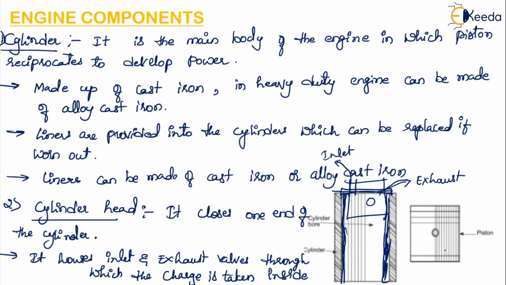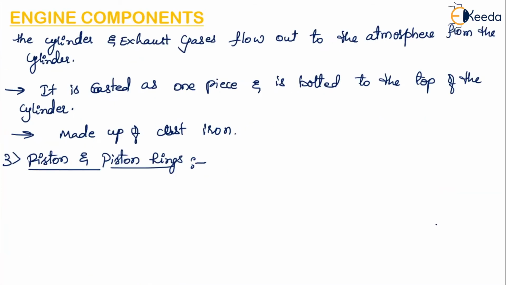So what does this piston do? It reciprocates inside the cylinder and during the compression stroke it will compress the charge. Okay, and it will transmit the gas force to the crank through the connecting rod during the power stroke.